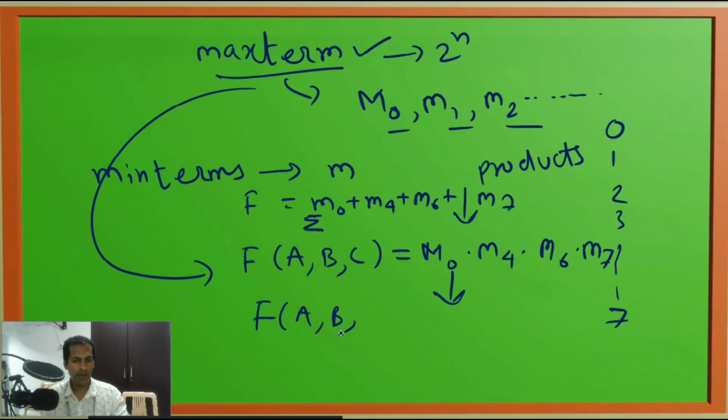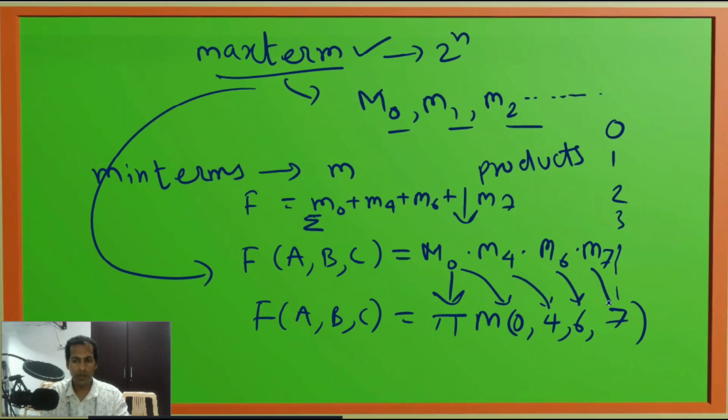In max terms we will use pi. So this one we can represent as pi of capital M 0, 4, 6, 7. Capital M for max term.